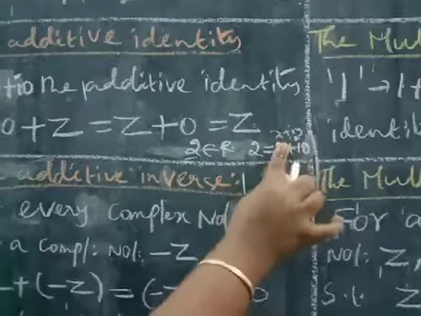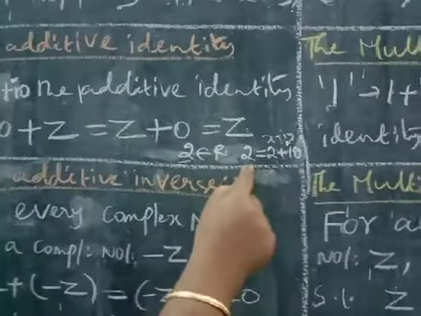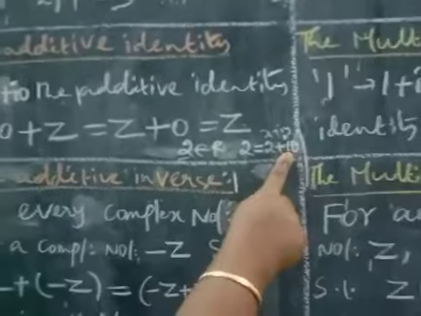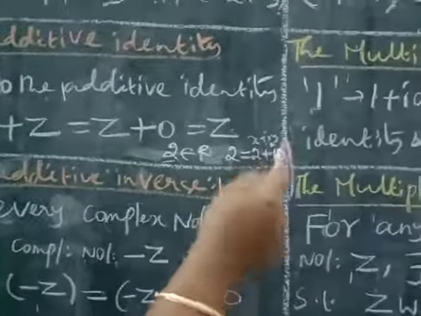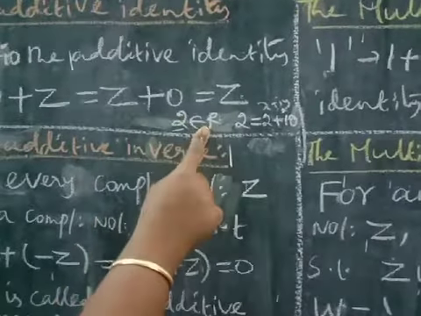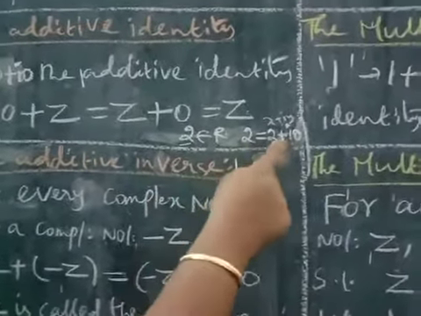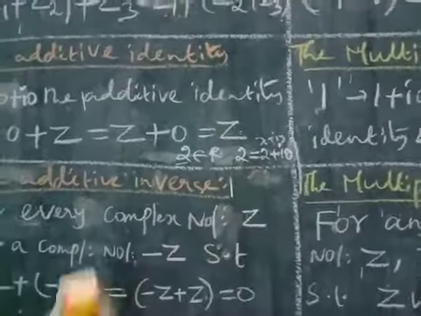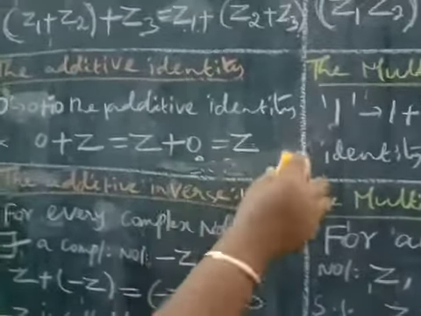So this is the standard form of a complex number, no? So when 2 can be written in the form of 2 plus I0, this is a complex number. Generally, simply 2 means it is a real number. But if we write 2 plus I0, it becomes a complex number. Got it?